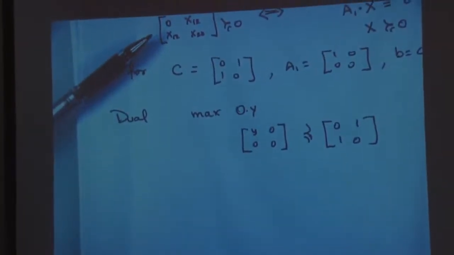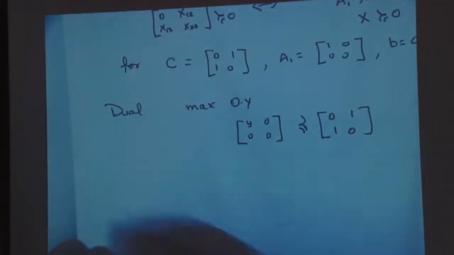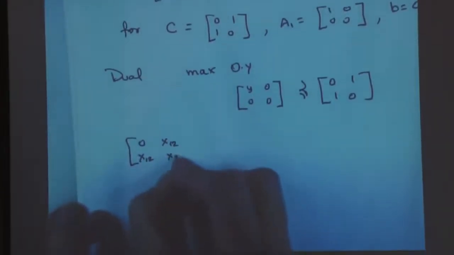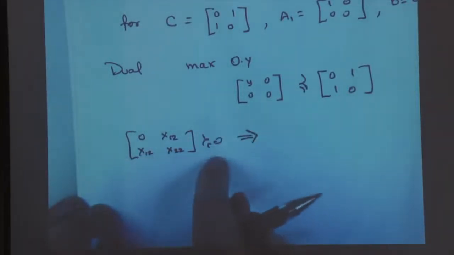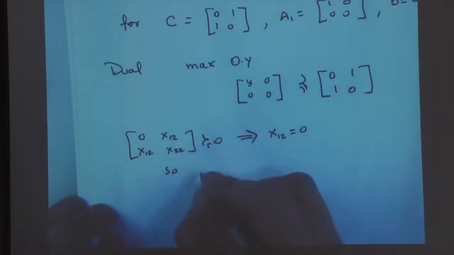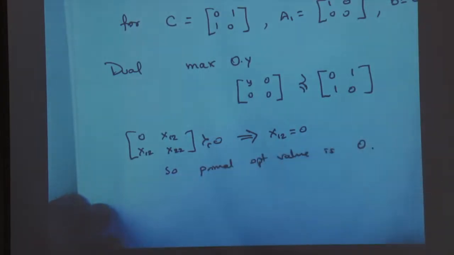So the determinant can only be non-negative when x12 is 0. This implies positive semi-definiteness can only happen when x12 is equal to 0. So the primal optimal value is 0.